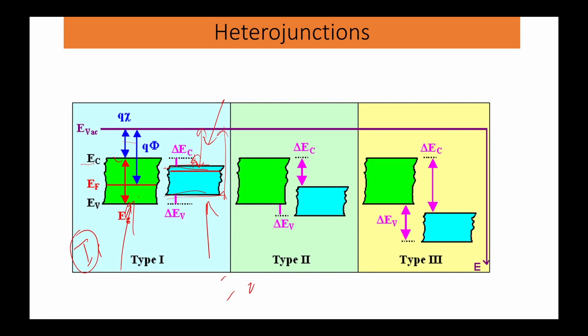These are such that the conduction band and the valence band should lie in between the conduction band and valence band of the other semiconductor. This will form a type 1 kind of heterostructure.